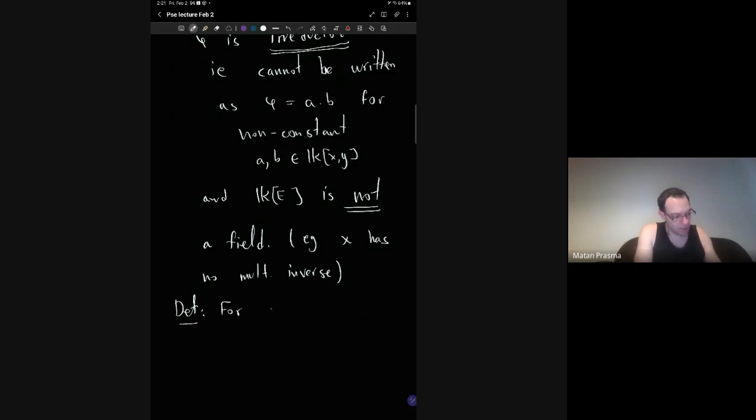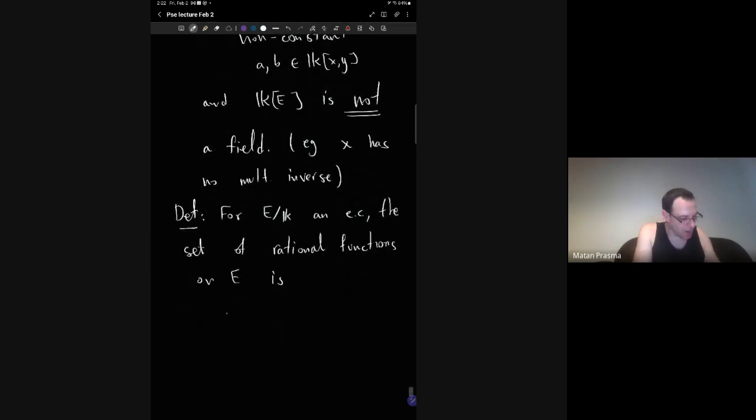For E over K, an elliptic curve, the set of rational functions on E is, I take polynomials on E times polynomials on E that are non-zero.